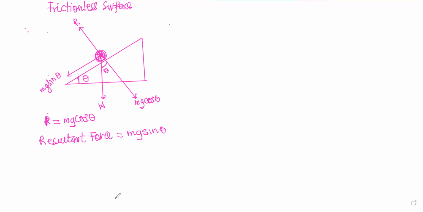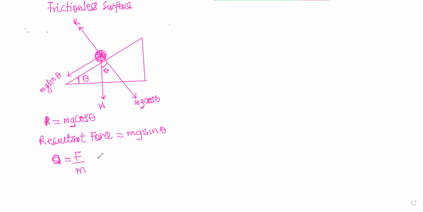So, if I want to calculate the acceleration of the body down the inclined plane, then using Newton's second law, Newton is saying acceleration of a body is equal to the force divided by the mass.